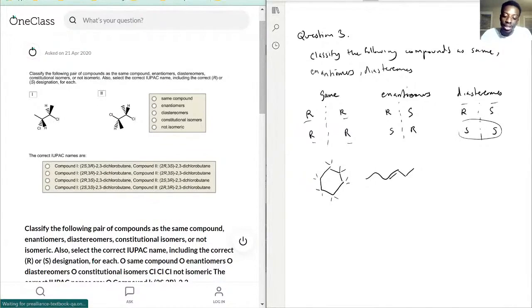But point being, this would be C6H12, and this one, 1, 2, 3, 4, 5, 6, 7, 8, 9, 10, 11, 12. Yep, this is also C6H12. These two are constitutional isomers. They're constituted of the same thing, but they're literally different.